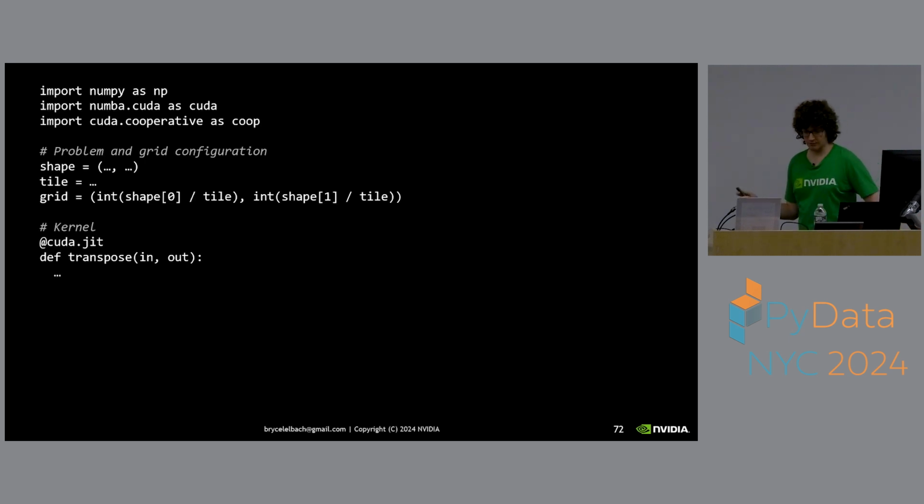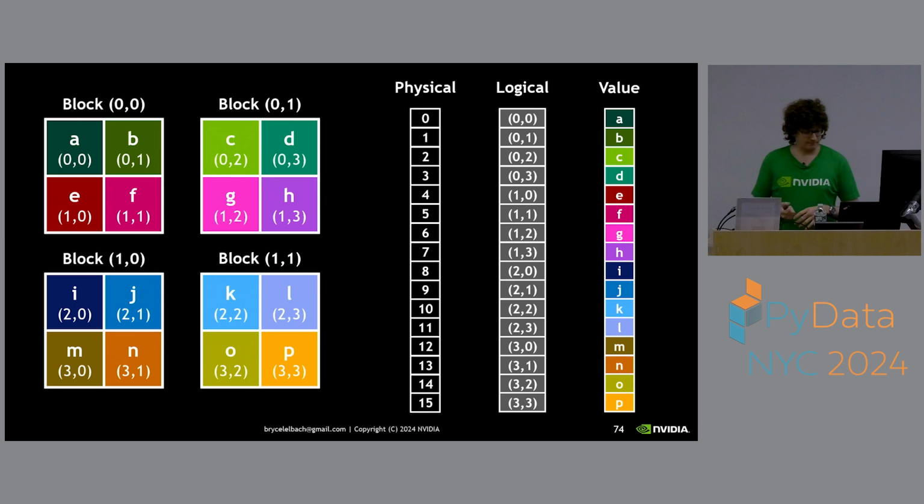So let's look at the code. First, the problem and the grid configuration. So our input and output will have a 2D shape. This example that we're writing will support rectangular matrices too. The best strategy for an efficient transpose on a GPU is to split the input into 2D chunks, each of which will be handled by a different thread block, as we're showing here.